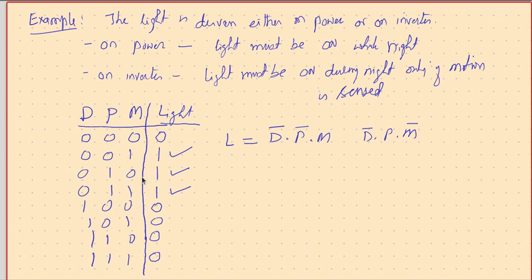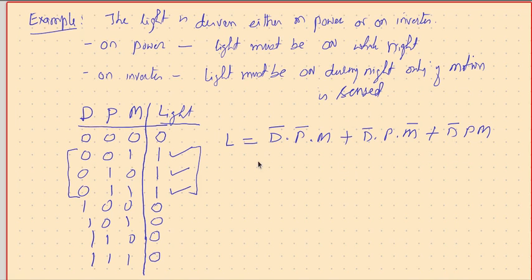Third condition: day should be false, power should be true and motion is detected. How do we combine the three? The light should be on if any of these three conditions is true. That means we need an OR operation between them.